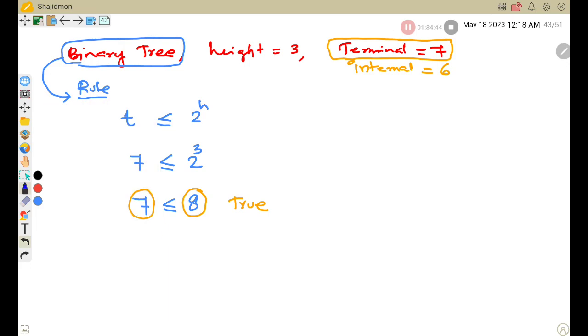I can draw the graph here. This is question number 4 F part. There are 6 internal vertices. 1, 2, we can go 1, 2 and 3, 4, maybe one more here 5 and one more here 6.